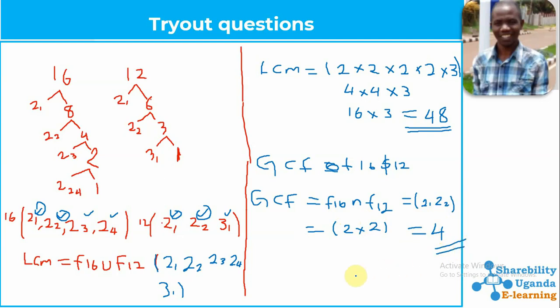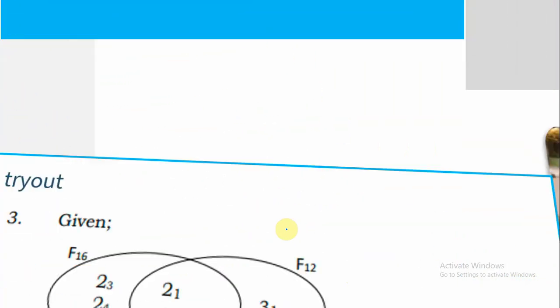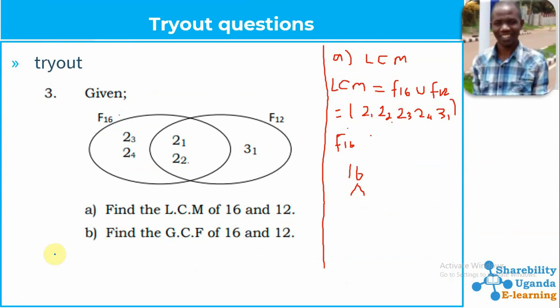So for this we shall have solved our number very well, and we shall have been able to solve the lowest common multiple using prime factorization, and also the greatest common factor using prime factorization, extracting the information from the Venn diagram.